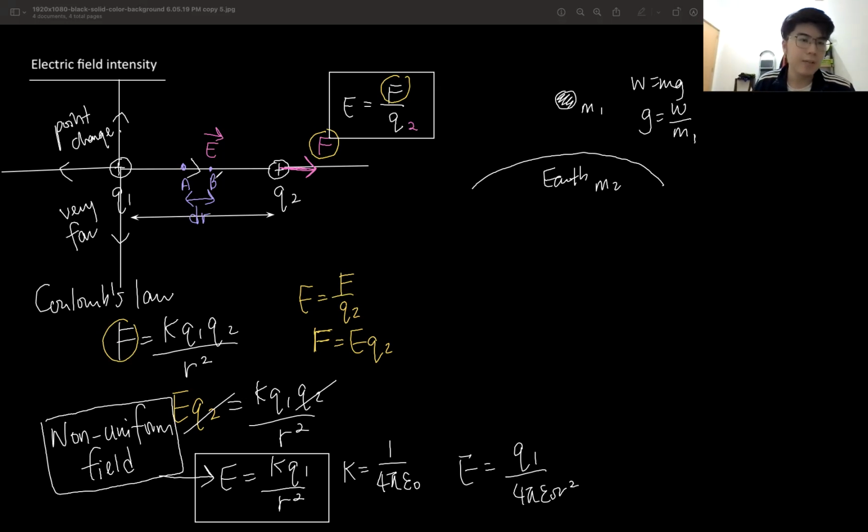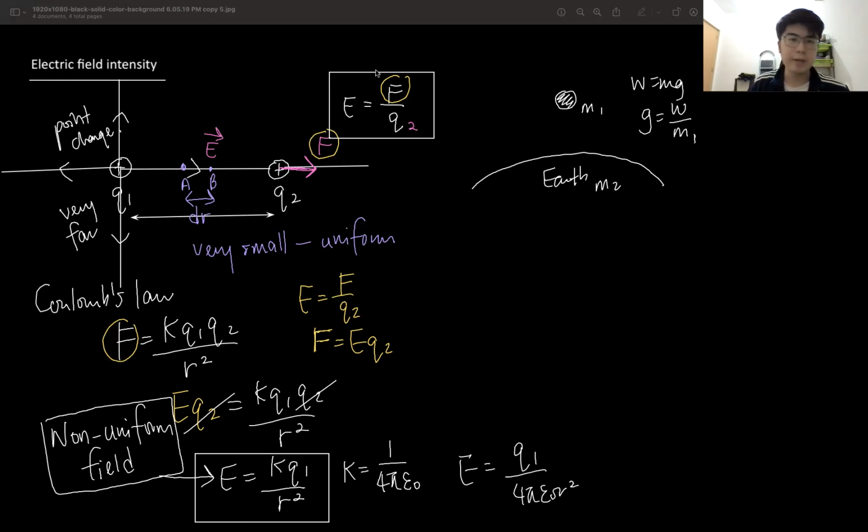So in this very small distance, the field would be uniform. But if I take longer distances, then the field will become non-uniform. This is one important thing, okay? You want to take note.